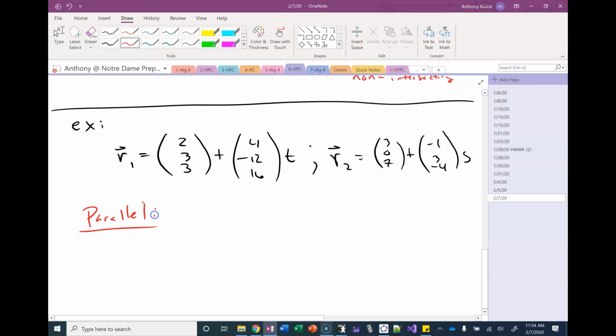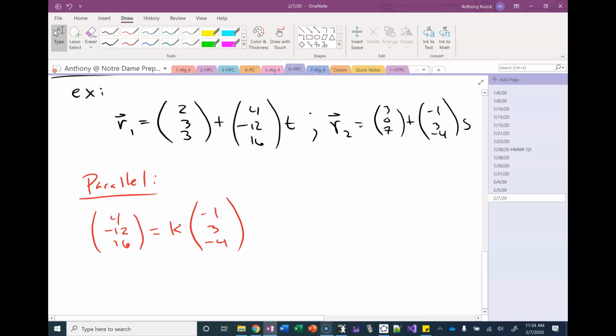So the first thing I'm going to do is check to see if these are parallel. So I'm going to take the slope vector from the first line and see if that's a scalar multiple of the slope vector from the second line. Usually you can just do this by inspection, right? What is k in this case? -4.